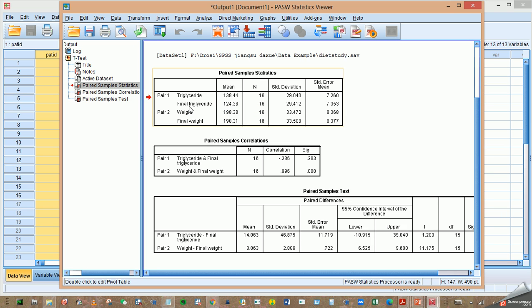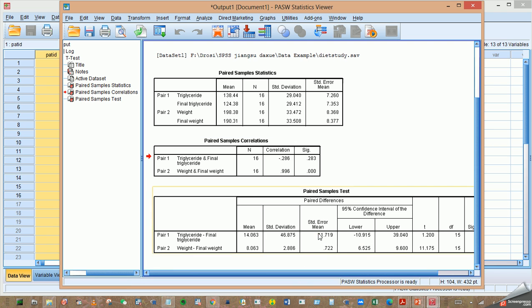The second, the final triglyceride, is 124. The second table shows us the sample size, the standard deviation, standard error mean, and here is the correlation and the significance of the correlation.